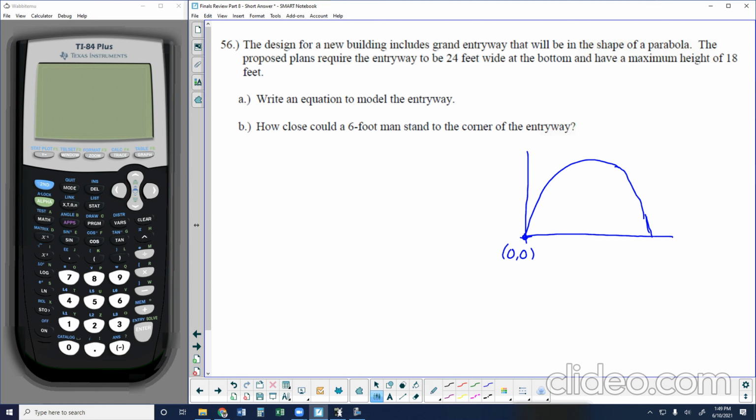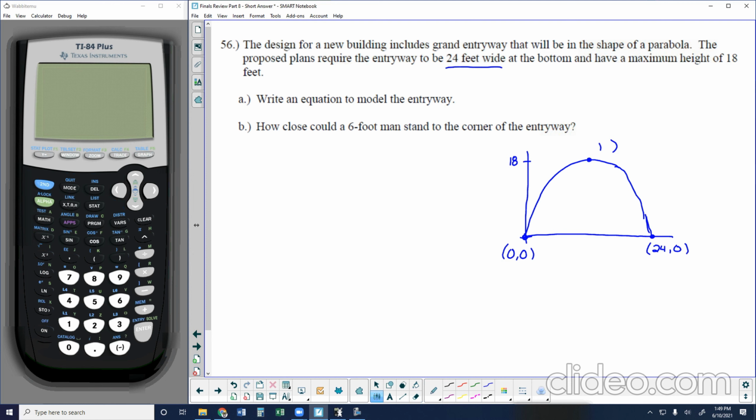We know the entryway is going to be 24 feet wide at the bottom, so this gives me a point 24, 0. And we know that it is 18 feet tall, so that tells me the y-coordinate for the vertex.